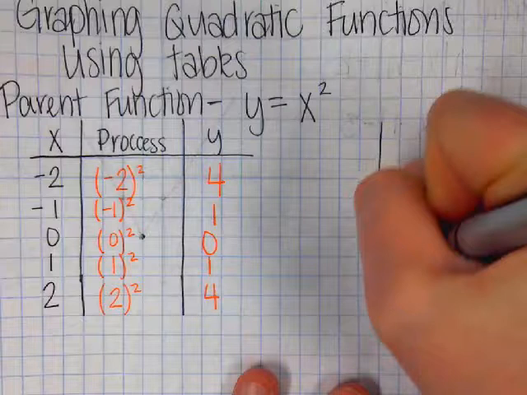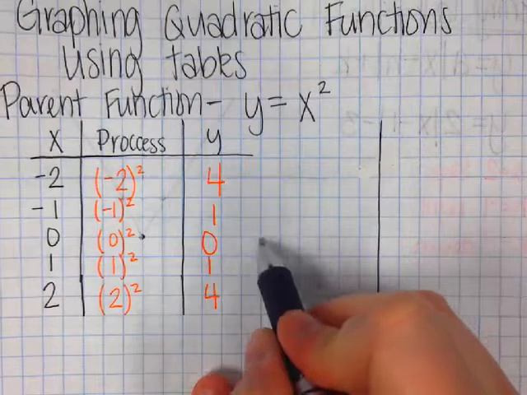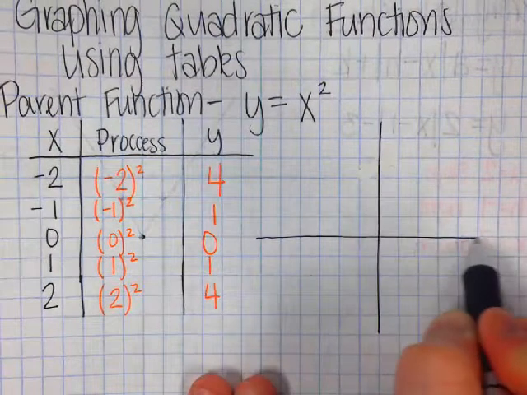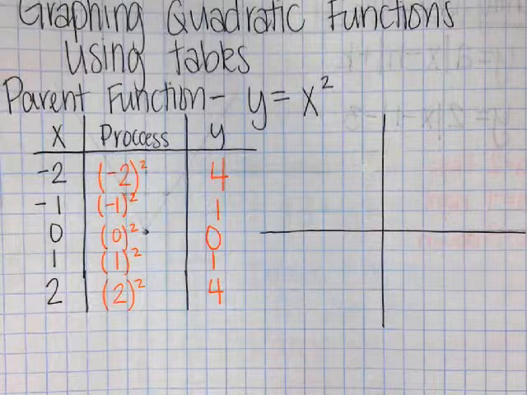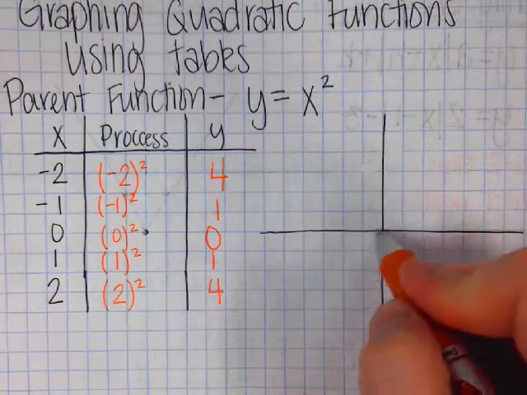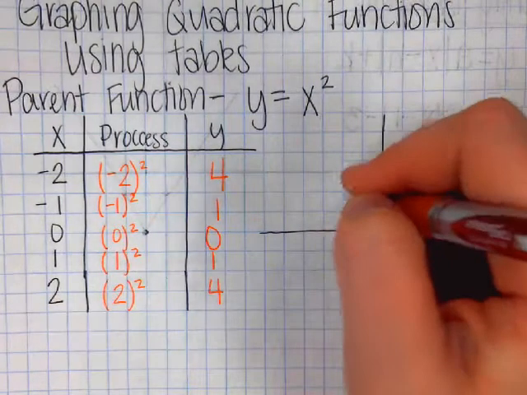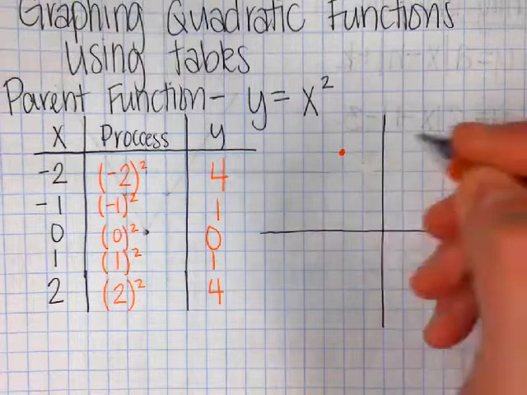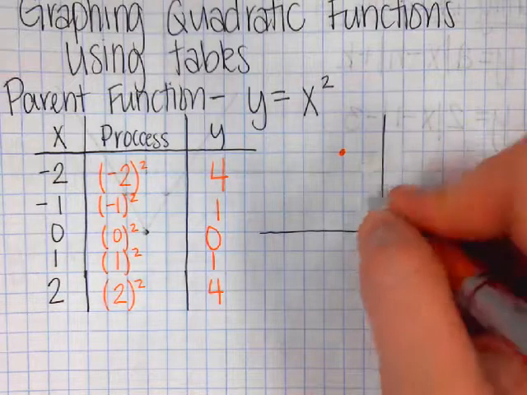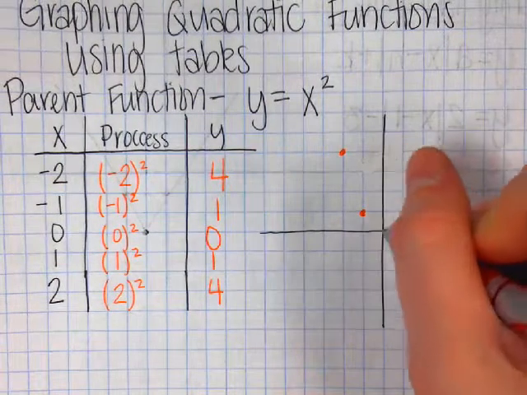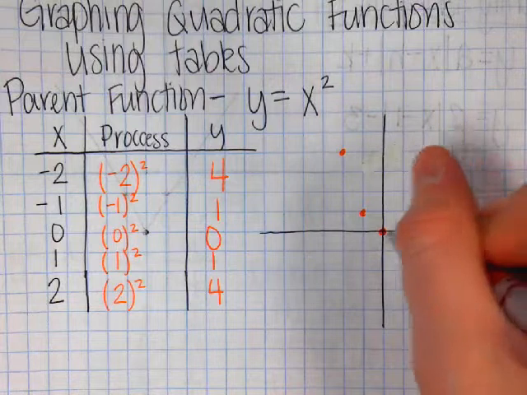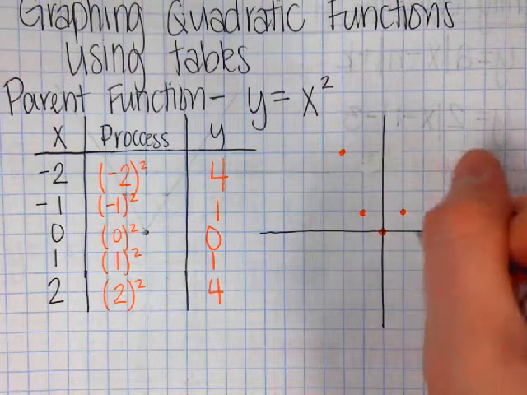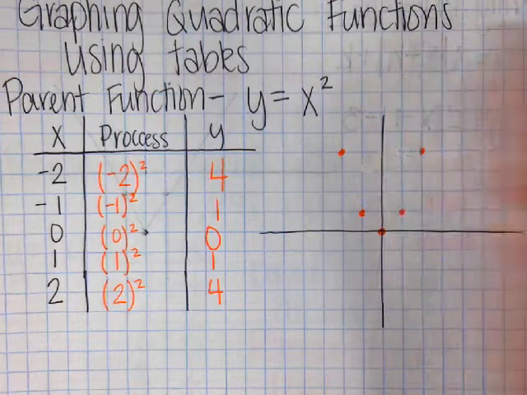So let's go ahead and graph that. Okay, so we have -2. Is that 4? 1, 2, 3, 4. -1 and 1. 0, 0. 1, 1. And 2, 4.